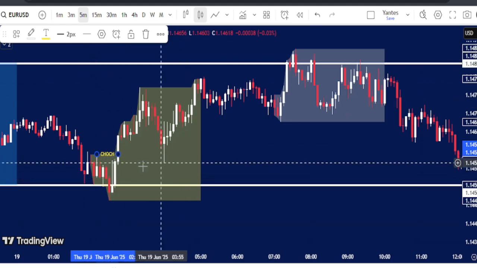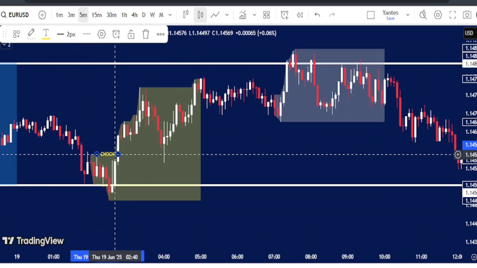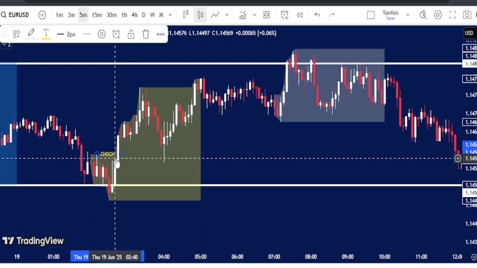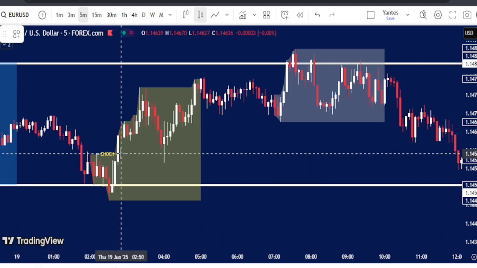So if we go down to 1 hour, 1 minute or 3 minutes, we might find a fair value gap. But assuming there was no fair value gap, we wait for the market to come and retest this area.